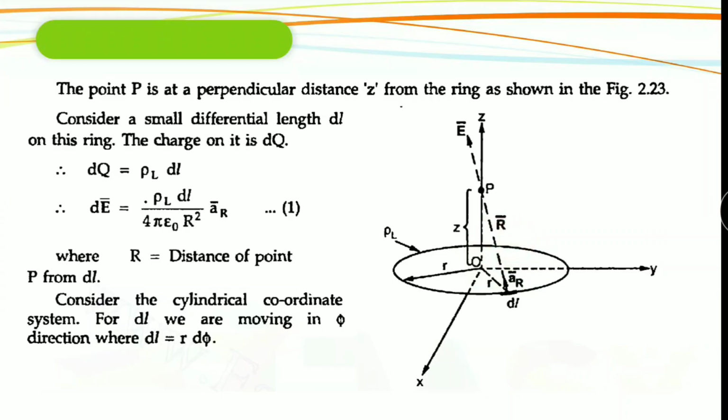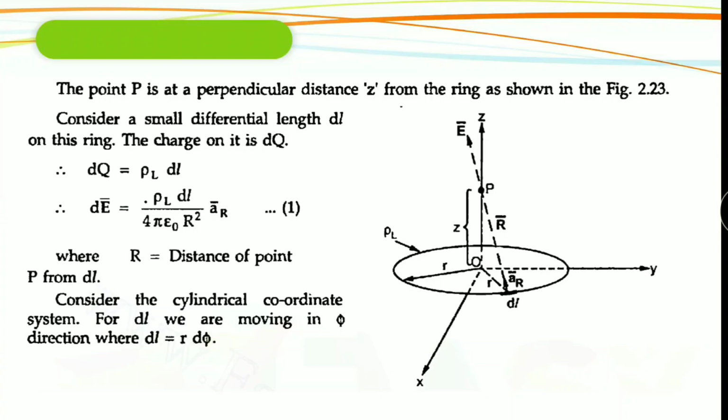Now here we have to take a cylindrical coordinate system for this case. For a cylindrical coordinate system, the dl value, that means length, is taken as r d phi. Why? Because here dl moves in the phi direction. So the smallest length in a cylindrical coordinate system is represented by r d phi.